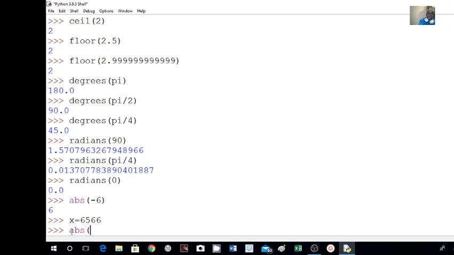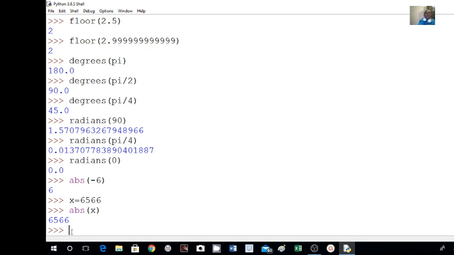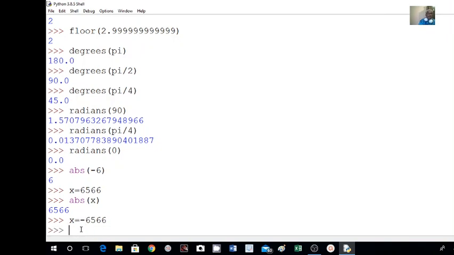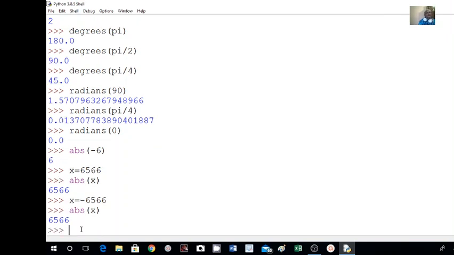It will give x as it is. ABS of x is same as x here. Suppose x is equal to minus, then if I write ABS of x here, then I will get the positive quantity, the absolute value here.